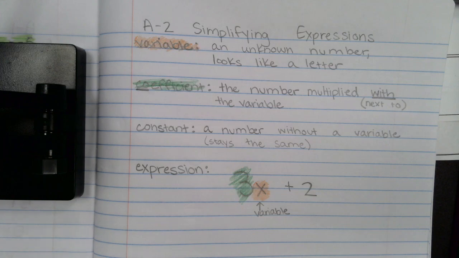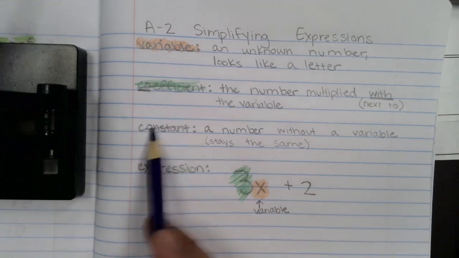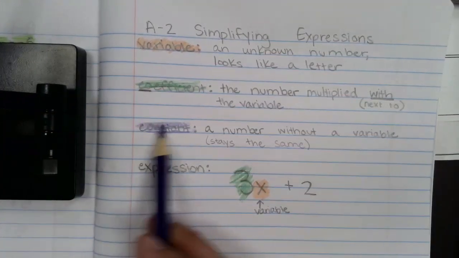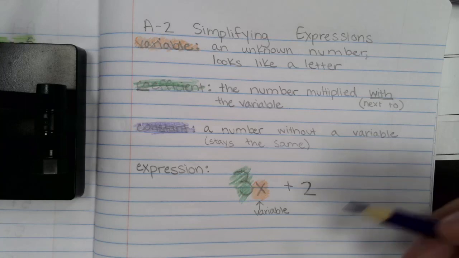And can someone tell me what is constant? Which one is the constant? Yeah. 2, right? What told you that 2 was a constant? There's no letter beside it. Good, it's just a 2. There's no variable next to it. It's just that number. So go ahead and match.